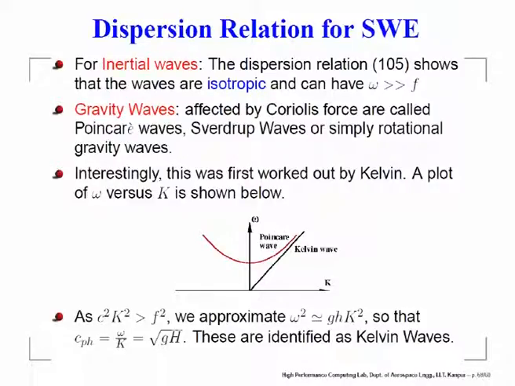So, this is a subject called eponymy, the assigning of credit to the people who have really worked on it. And there is a law stated by a statistician called Stigler's law. The law states very simply that the person who does the work never gets the credit. Here is an example: Kelvin did the work, and Poincaré came much later, 50, 60 years later, but people have started calling them Poincaré waves. Anyway, that is what happens.